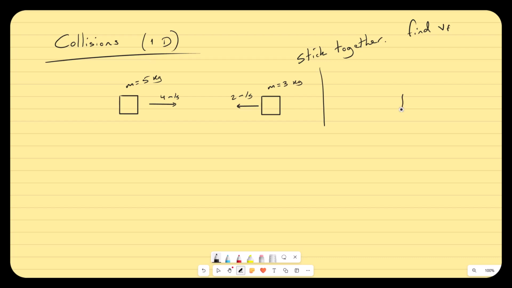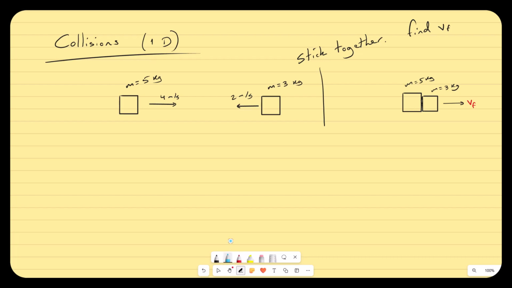So when these stick together, we have mass equals 5 kilograms, mass equals 3 kilograms. They are stuck together with some stickiness, and we're going to give these things a final speed. Now I already drew in that the final speed is to the right.